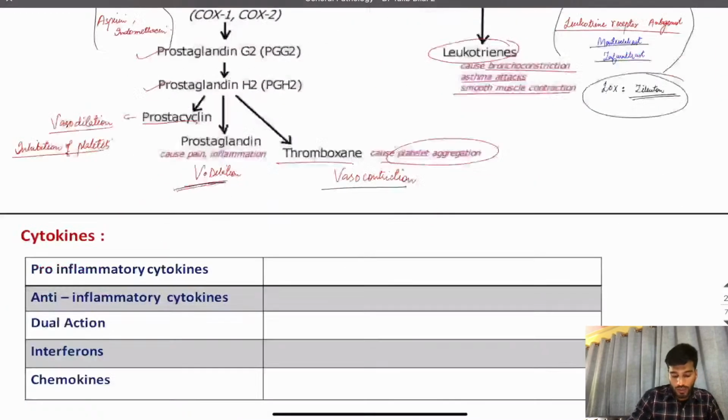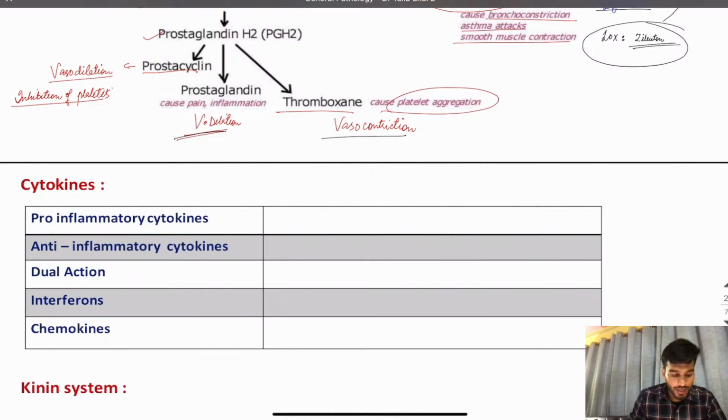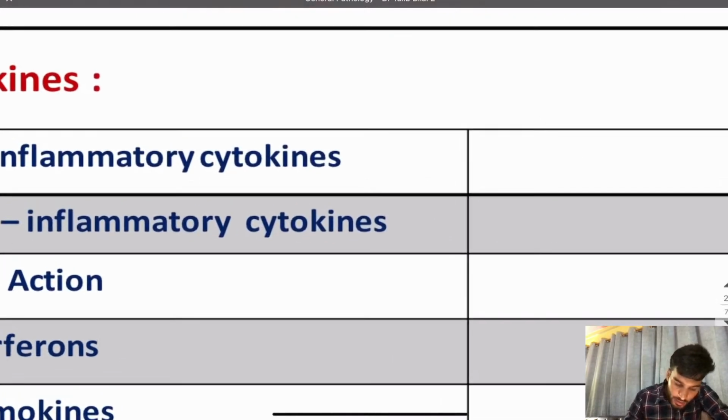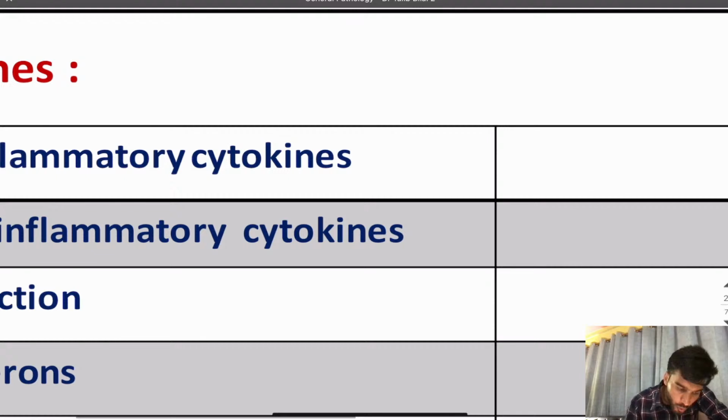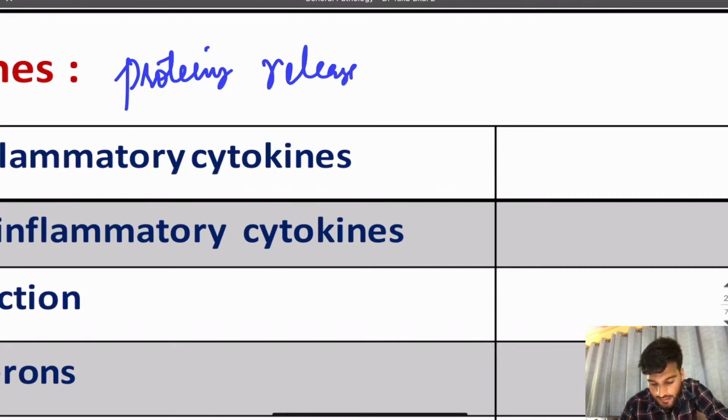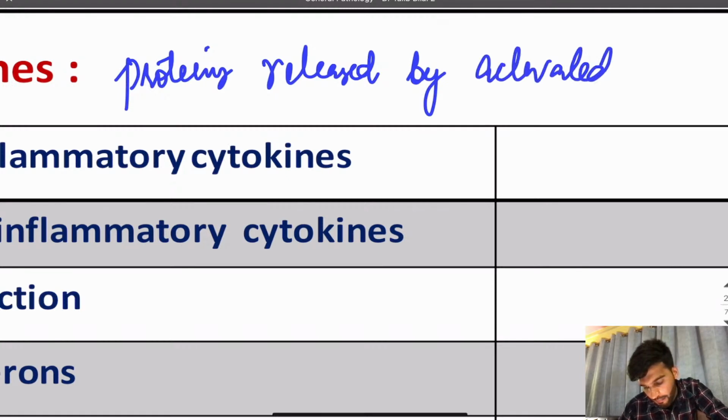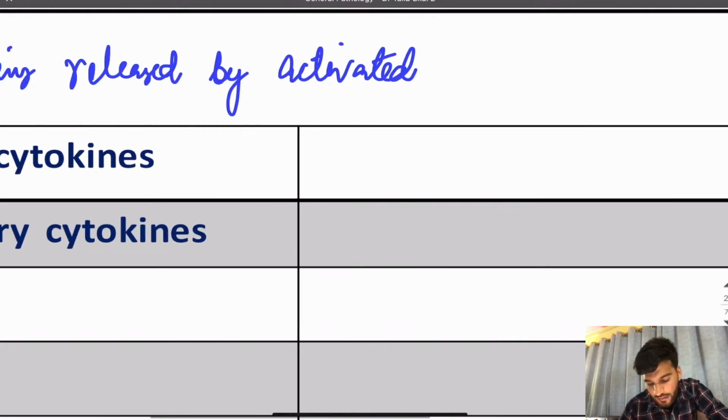Is it clear? Now further, we have cytokines. What exactly are cytokines? They are proteins released by the activated cells.